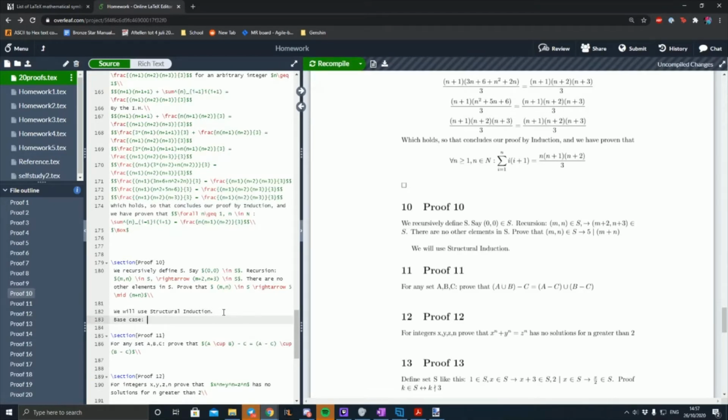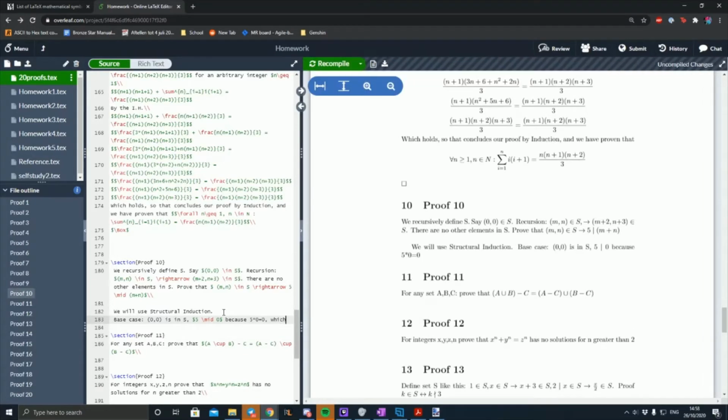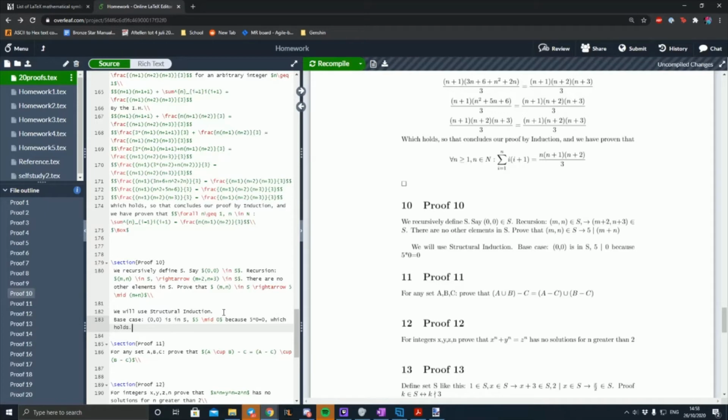Base case: 0, 0 is in S. Let's say 5 divides 0, because 5 times 0 is 0, which holds.